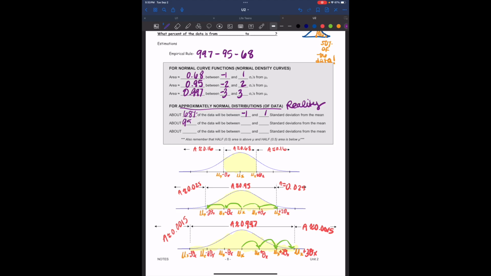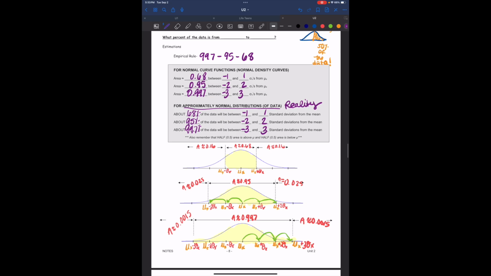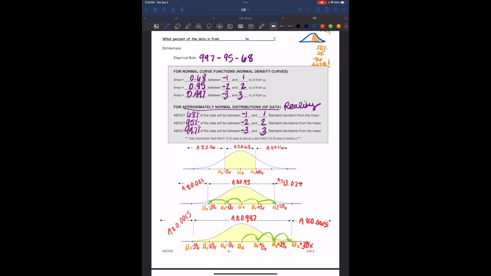About 95% of the data will be between -2 and 2 standard deviations away, and about 99.7%, practically everything, of the data will be between -3 and 3 standard deviations from the mean. So looking pretty glorious. This is the empirical rule.